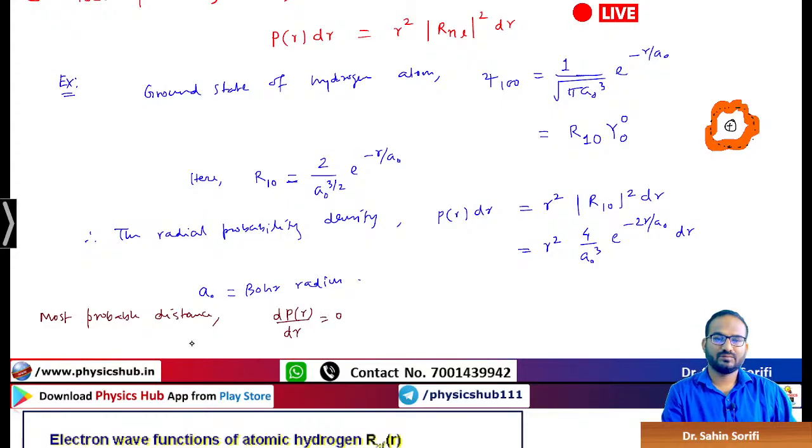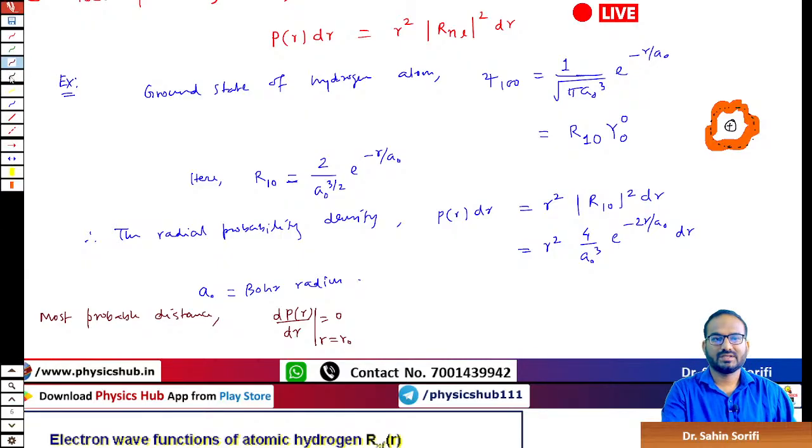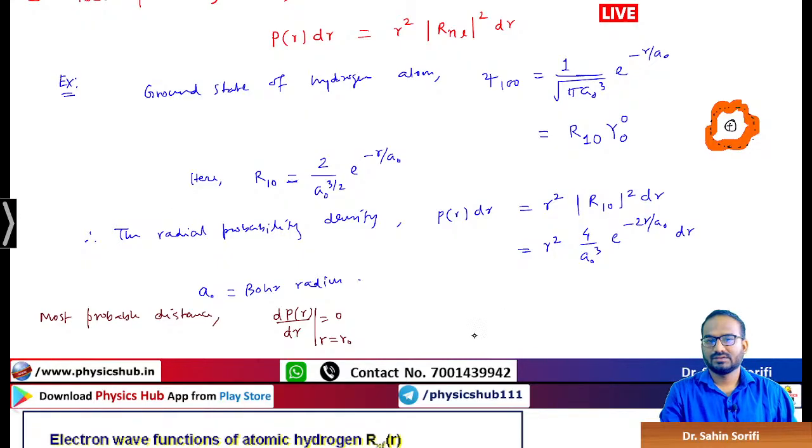This is the condition for the most probable distance: at whatever value of r you get, that will be the most probable distance. If you take the derivative of this function, you will end up getting r naught equal to a naught. Okay, let's do the calculation, I think then it will be easier for you to understand.